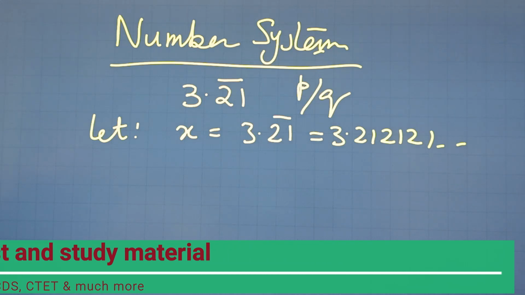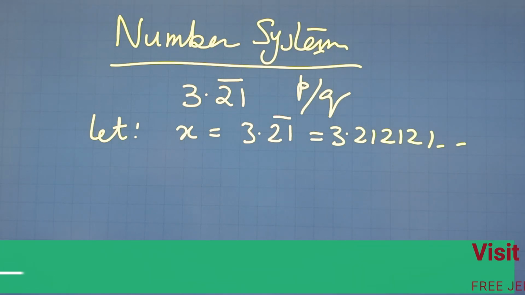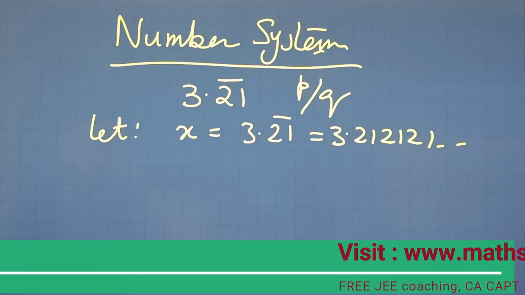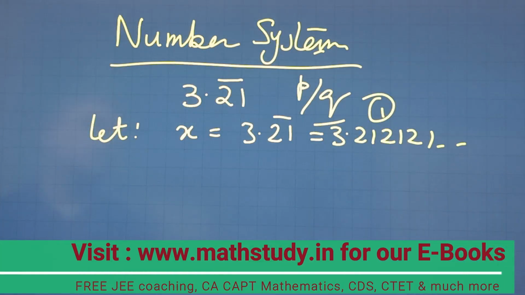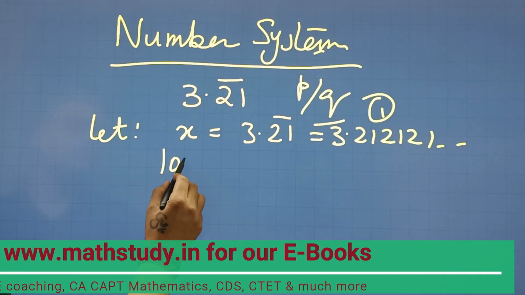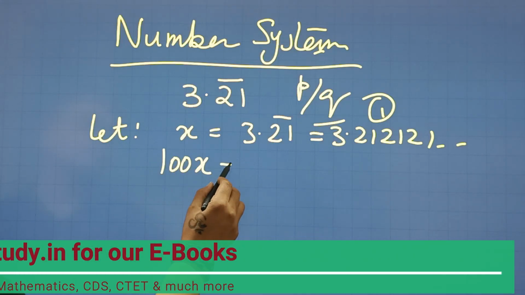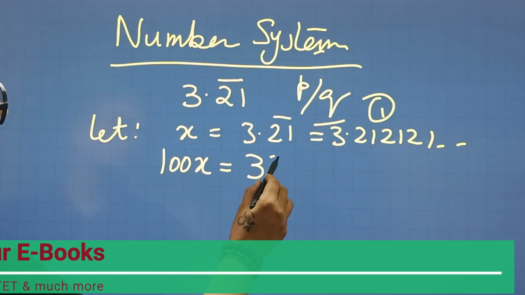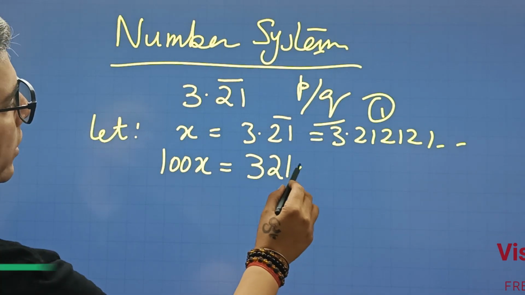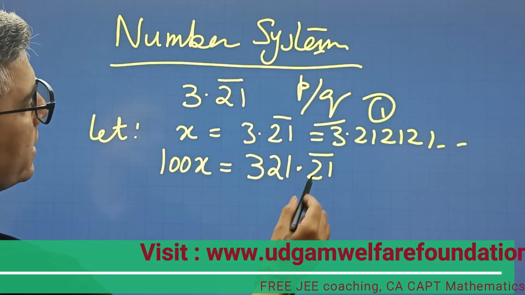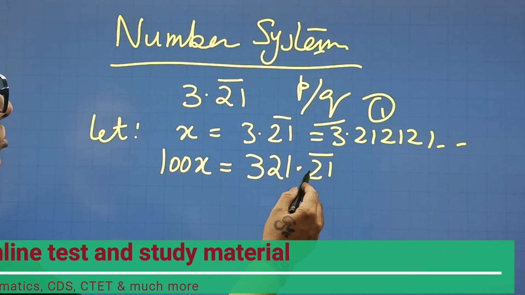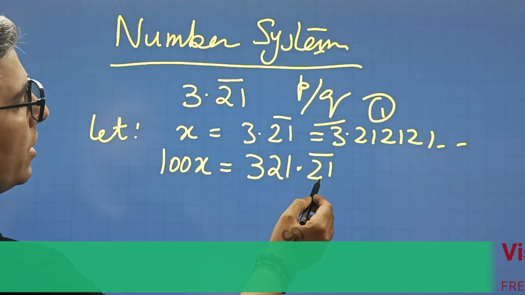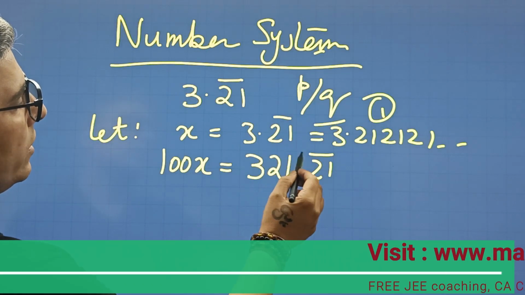So we need to multiply our equation number 1 by 100 on both sides. Why? Because we are going to get 321.21 bar. After the decimal we are going to get the same number that we have in equation number 1.